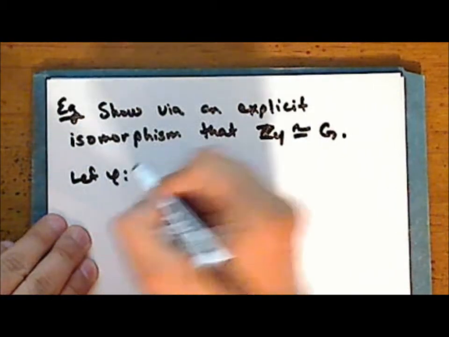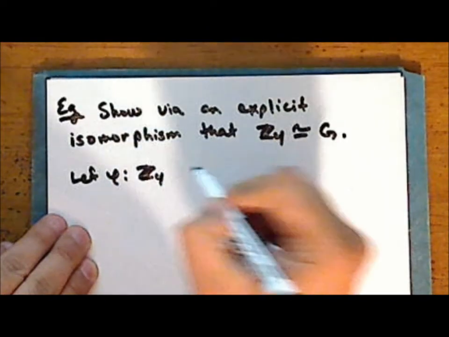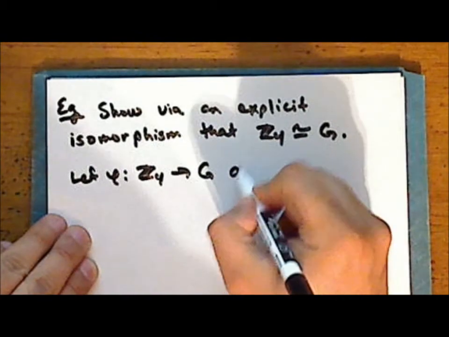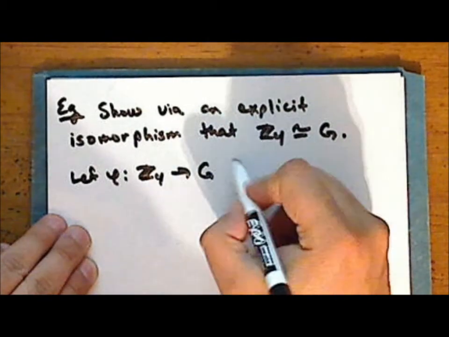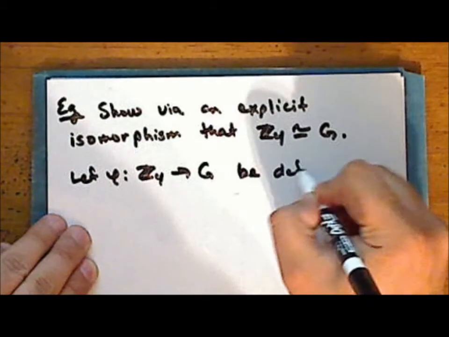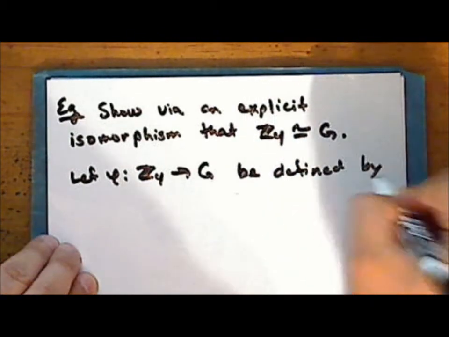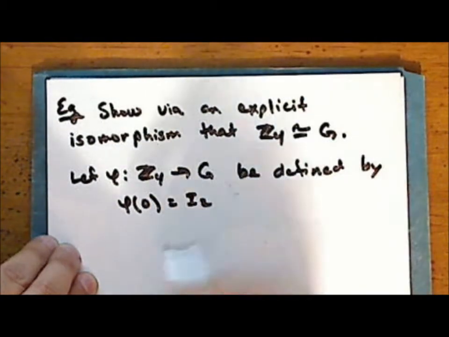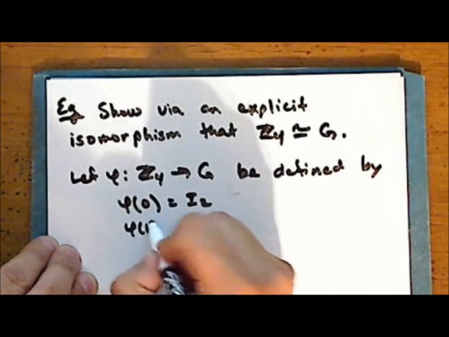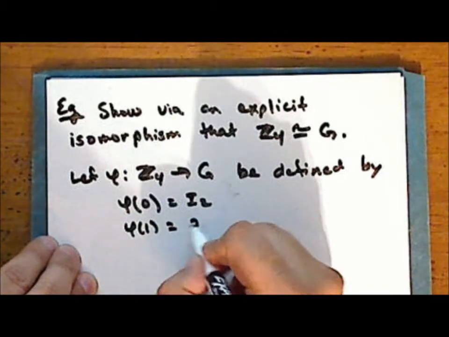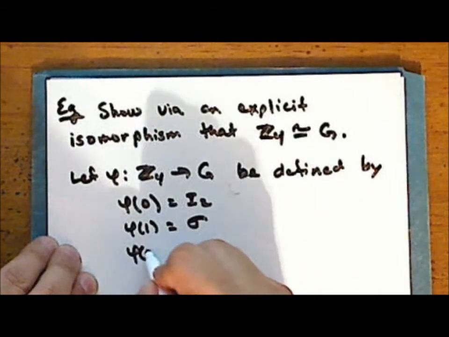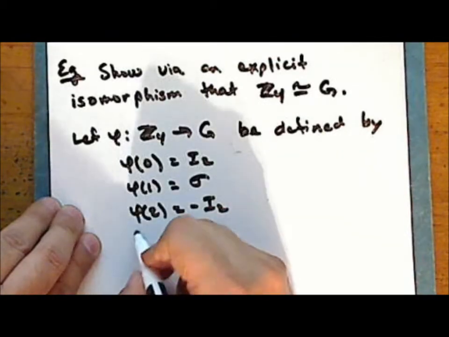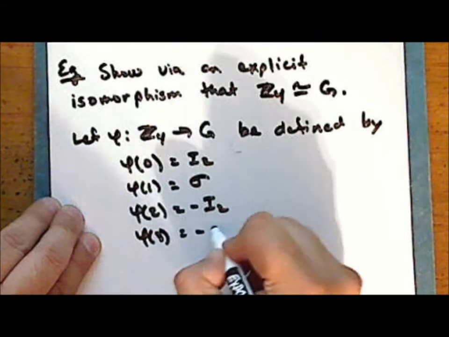So let phi be a map from the integers modulo 4 into the set G, and let this map be defined by phi of 0 is the identity matrix, phi of 1 is the matrix sigma, phi of 2 is negative identity matrix, and phi of 3 is negative sigma.